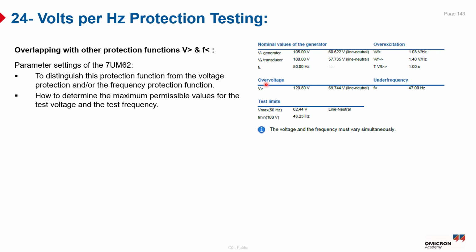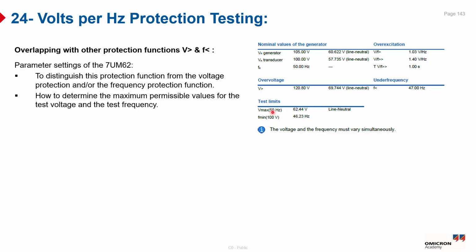So the overvoltage protection parameter is set to 120.80, if you remember from the last video, and in line to neutral, which equals 69.744, and the underfrequency equals 47 hertz. So we have to calculate the V maximum and the frequency minimum in both cases to avoid any interference of the overvoltage or underfrequency protection functions.